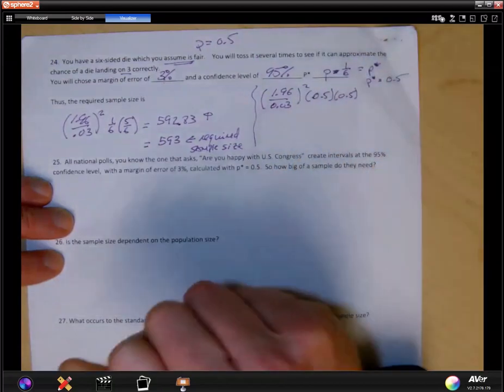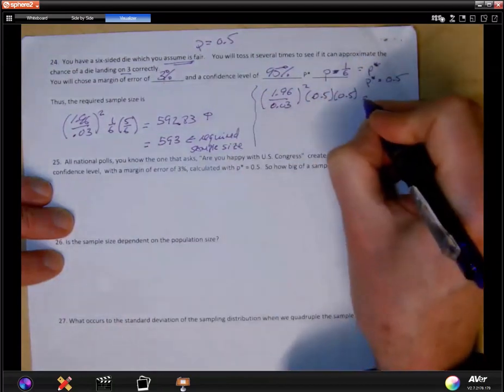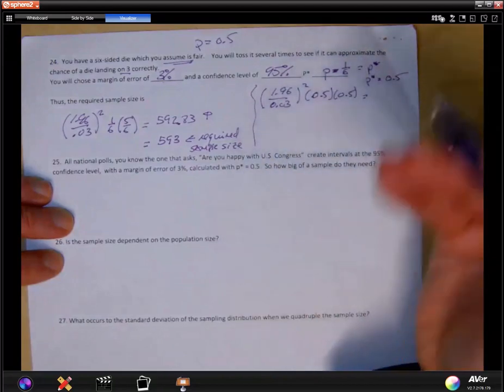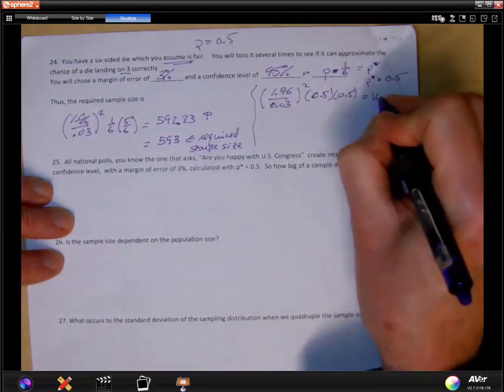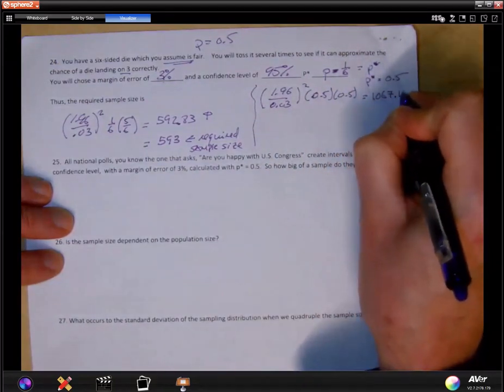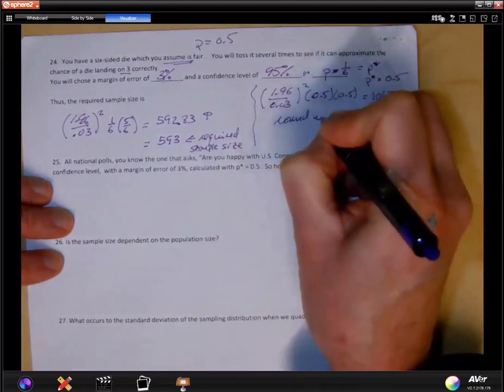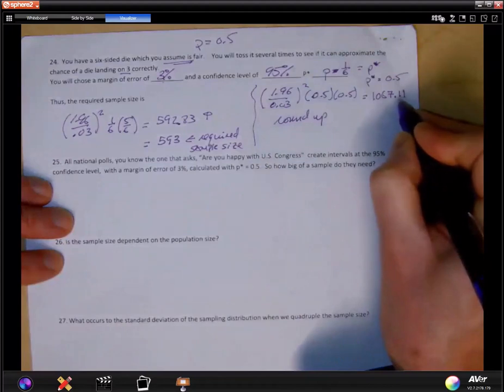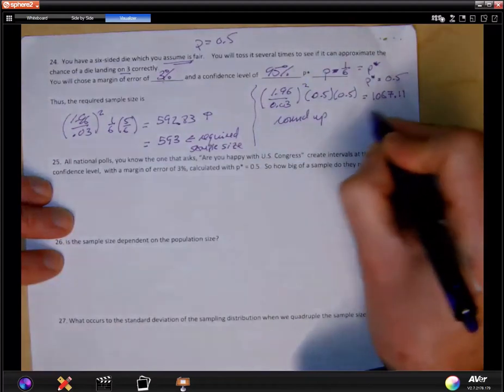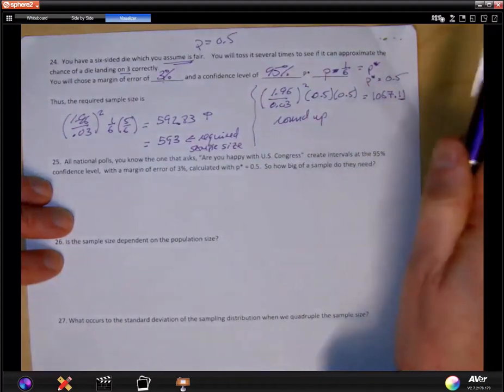Success, failure. What do I get here? When I do the calculation, I get 1067.11. If I then round up, I must always round up. So notice this time you go, oh, it shouldn't be 1067. No, no, no. No matter what, doesn't matter what the fraction part is, always round up.